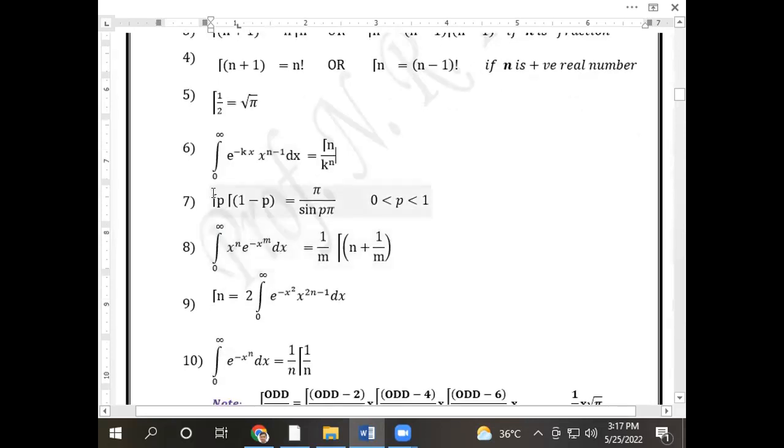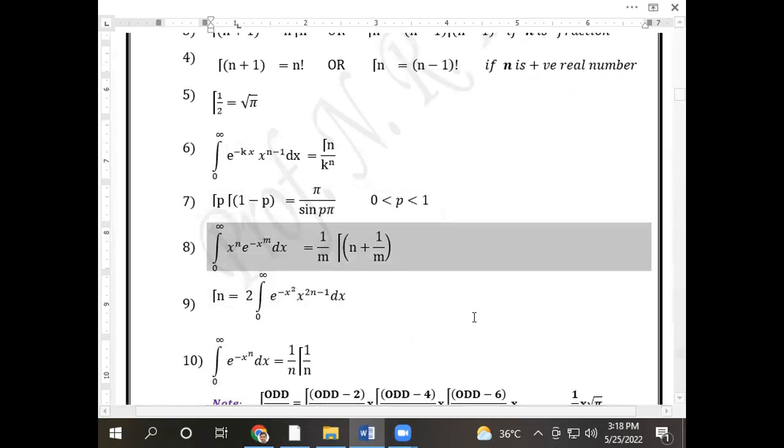Property number 7: gamma of p into gamma of 1 minus p is equal to pi upon sine p pi, where the value of p should be greater than 0 and less than 1. The next property: the integration from 0 to infinity of x raised to n, e raised to minus x raised to m dx is equal to 1 upon m, gamma of (n plus 1) upon m. We will prove this property.